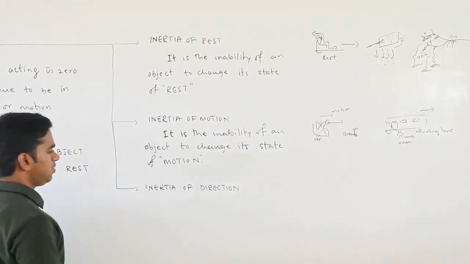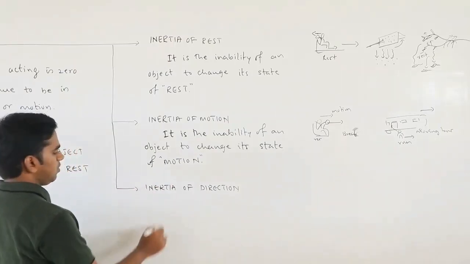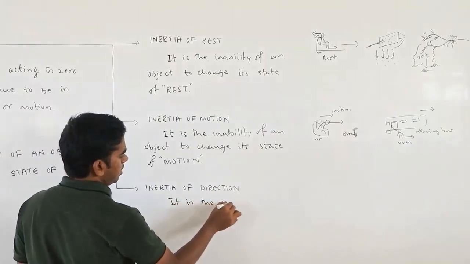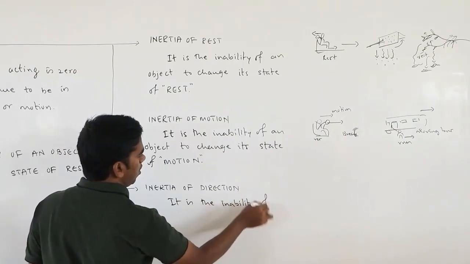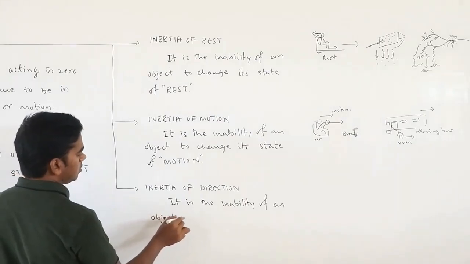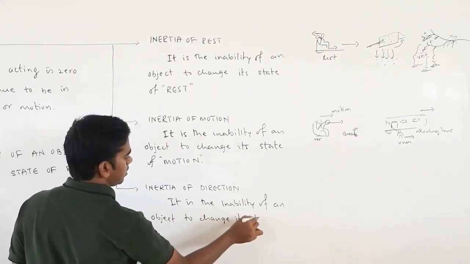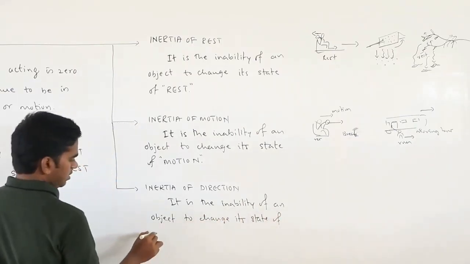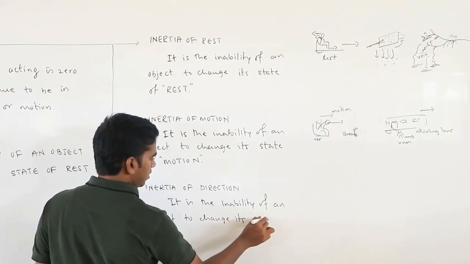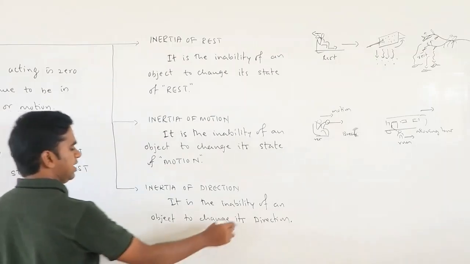Similarly, inertia of direction, as its name itself says, is the inability of an object to change its direction of motion, or simply, to change its direction.